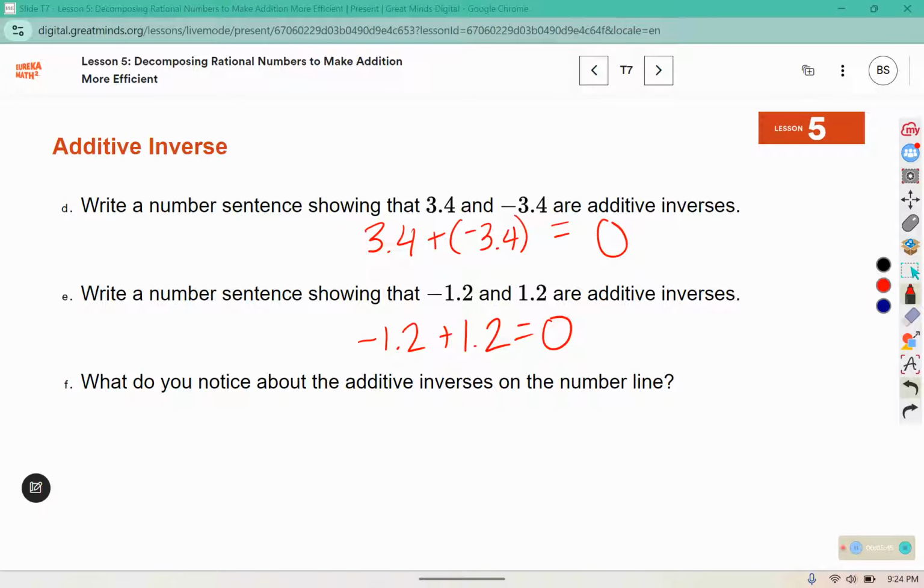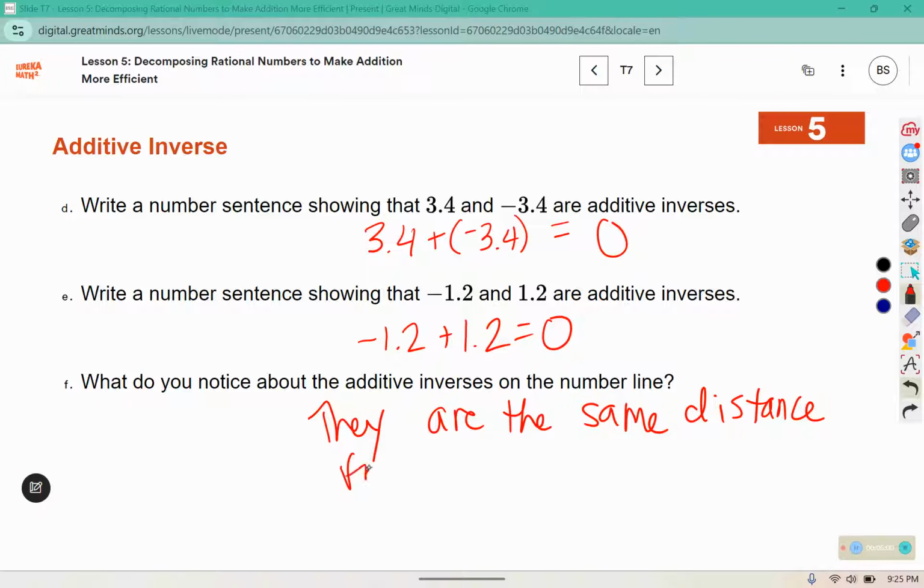What do you notice about the additive inverses on the number line? They are the same distance from 0, but in opposite directions.